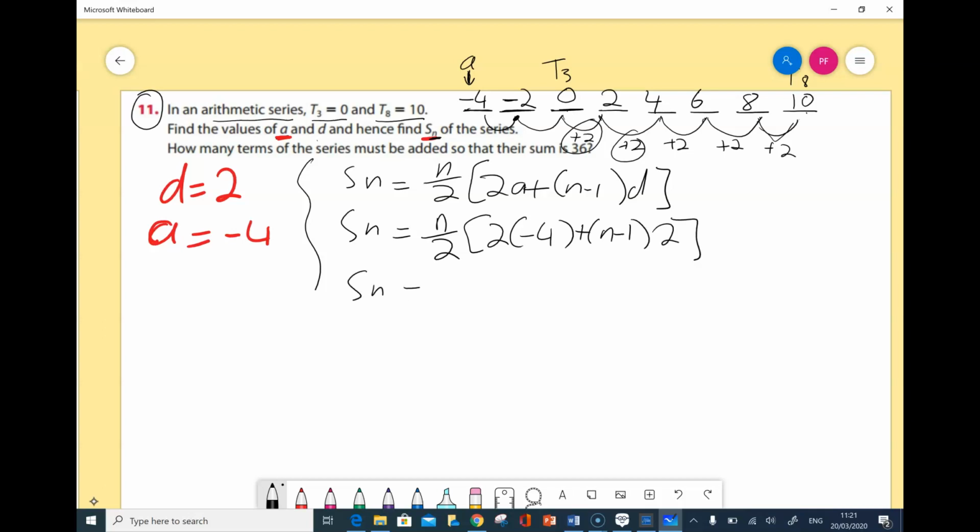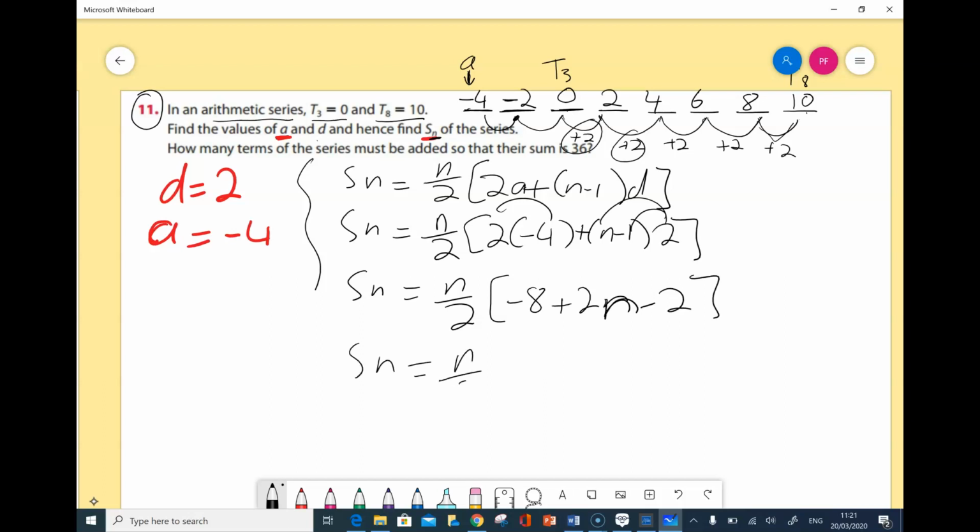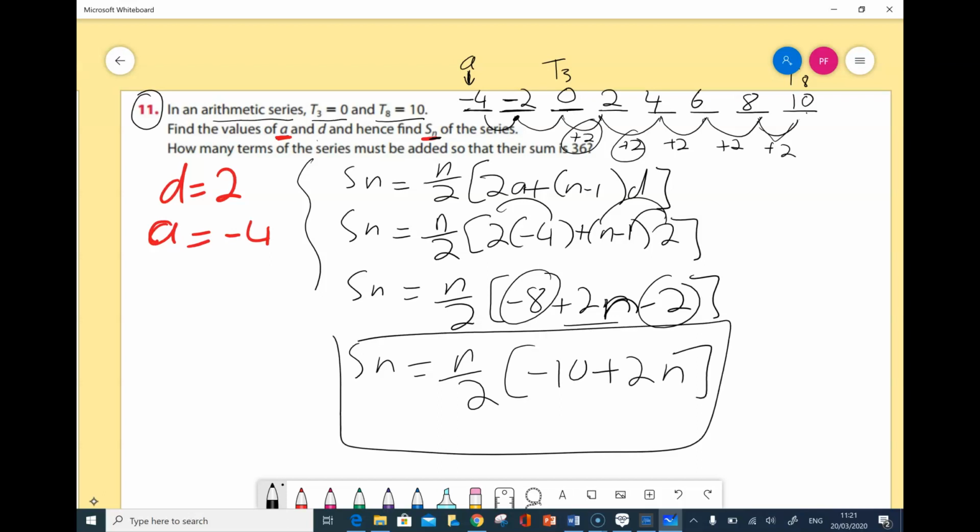Now working that out, n over 2. 2 times minus 4 is minus 8. 2 times n is 2n, and 2 times minus 1 is minus 2. Okay, to simplify that out a bit, we'll leave our n over 2. So minus 8 minus 2 is minus 10. And I still have my plus 2n. So that is my Sn formula.